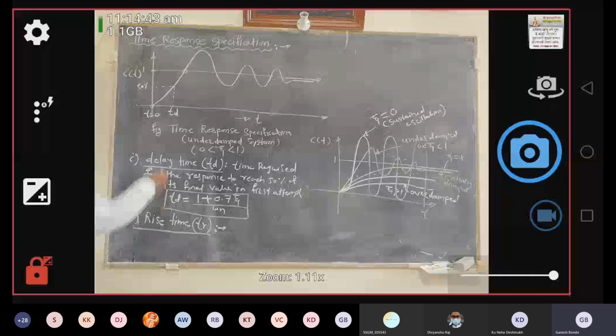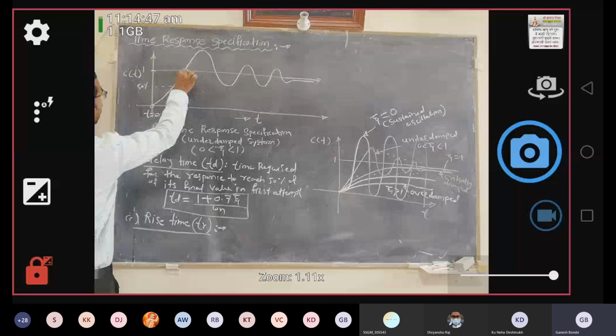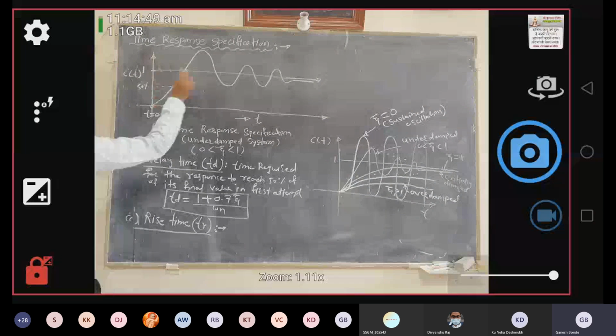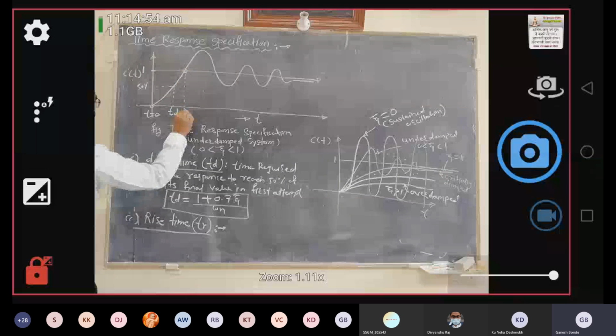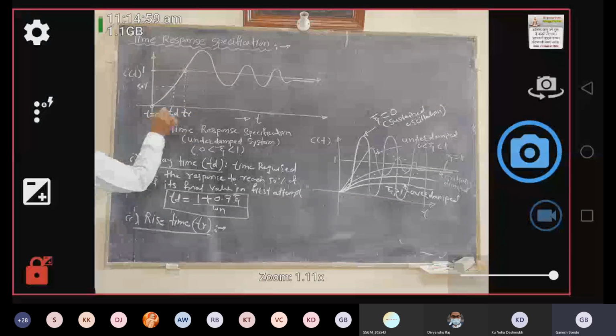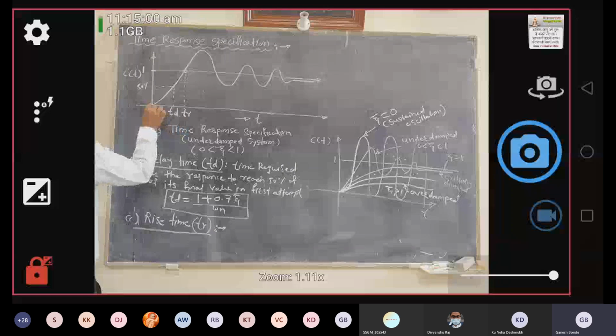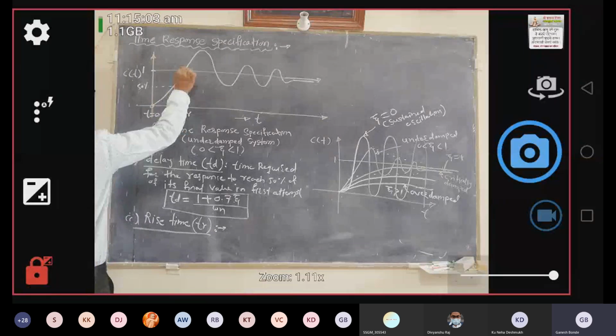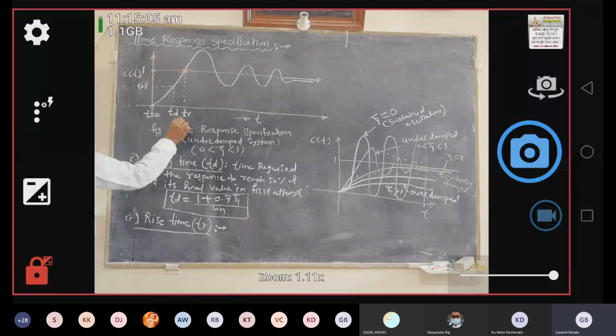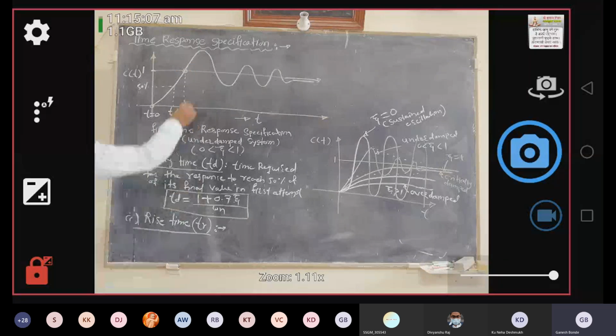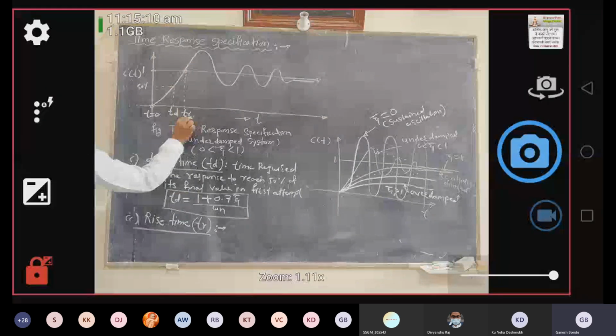Here t is equal to 0, and here the value is 1, which means 100%. The time corresponding to this point is the rise time, and it is denoted by tr.